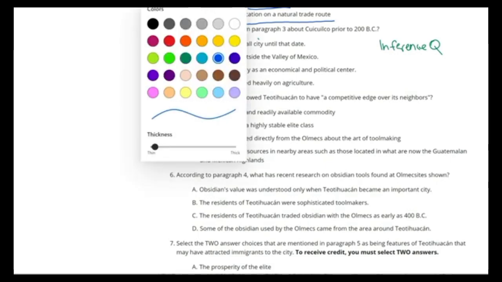An inference question means that you have to figure out information that is not directly stated in the text. This means there is something stated in the text explicitly, and from that you need to derive something that is not stated directly in the text, but it's implied, okay? You have to infer something from the text. We can find our information in paragraph 3. This is good to know.